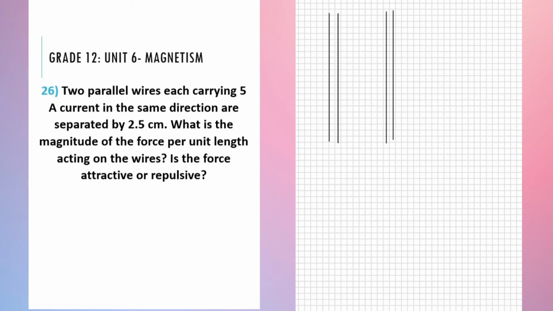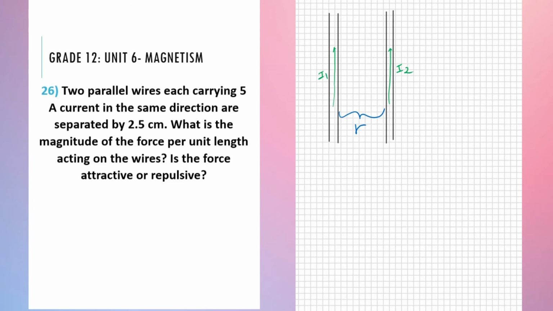So these two wires are both carrying a current, like so. Let's consider this I1 and this I2, and they are a certain distance apart. Let's consider this distance R. So the question is asking what is the force of attraction or repulsion, whatever the force is, per unit length between these two wires.